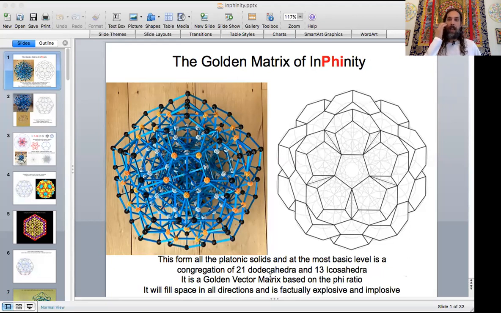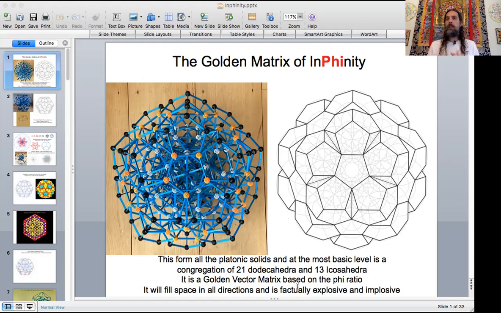And I'm going to compare that a little bit to the isotropic vector matrix, which is the 64 tetrahedron grid of Nassim Haramein's work, a little bit later on, not too much on that. Every single division within this matrix will infinitely expand in every direction of space, creating all the Platonic solids within this infinitely, through these connection points of these golden ratio segments, the vectors that are created throughout that.